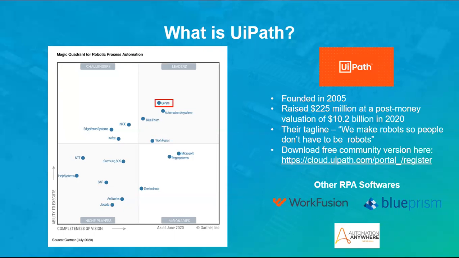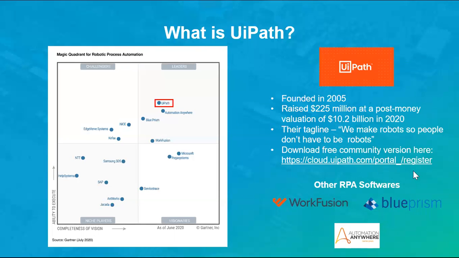And I really like their tagline, which is we make robots so that people do not have to be robots. So now you can get the people to focus more on the meaningful things, for planning, for strategizing, something that requires our brains instead of just manual clicking.